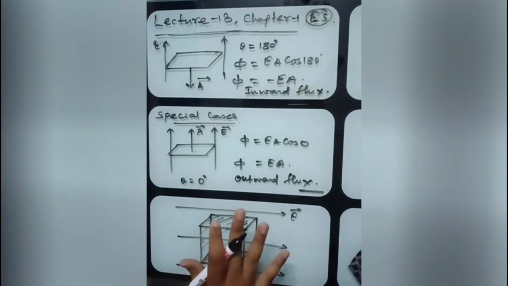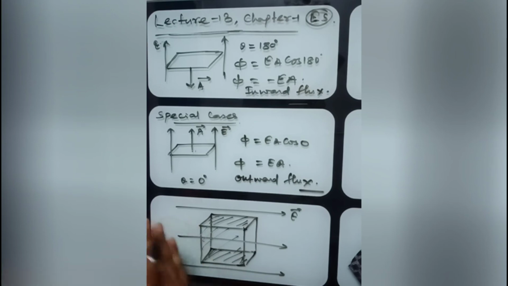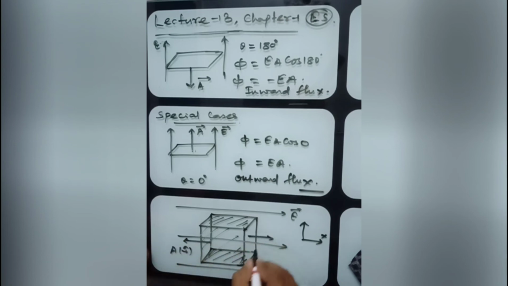So the total faces counting the electric field lines are, if this is the x-axis, this one which has the area vector minus i cap, and this one which has the area vector i cap. So these two will count the field lines.